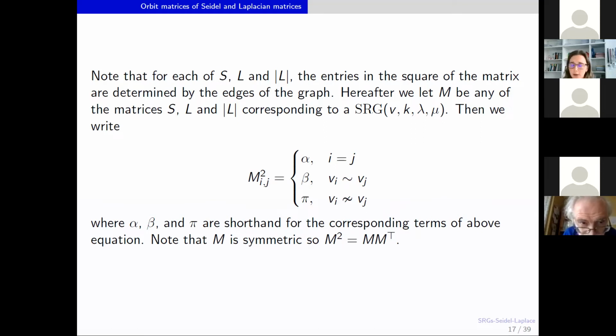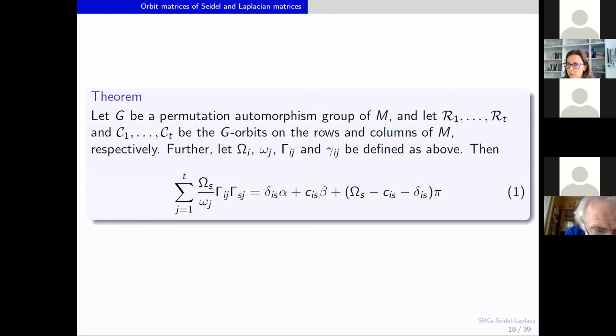Okay, so these facts about entries and about the properties of having an orbit matrix of an integer matrix, in this case an orbit matrix of the Seidel, Laplacian, and signless Laplacian matrix, were crucial for us to obtain a method that gives conditions for how one can use this matrix to obtain self-orthogonal codes.